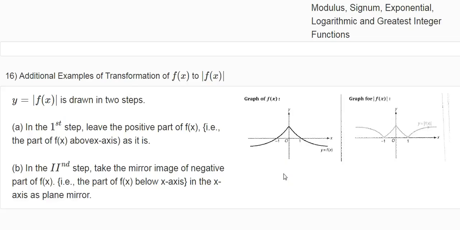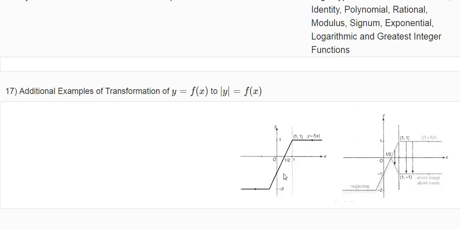Now we are coming to the end of the journey as far as this lecture is concerned, and we are going to consider the last transformation, that would be the transformation of y is equal to f(x) to modulus of y is equal to f(x).